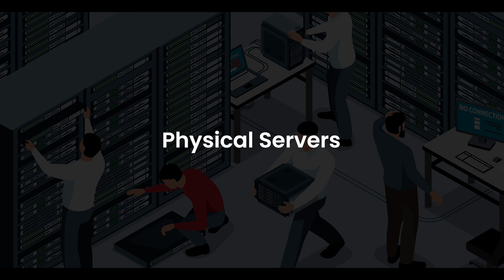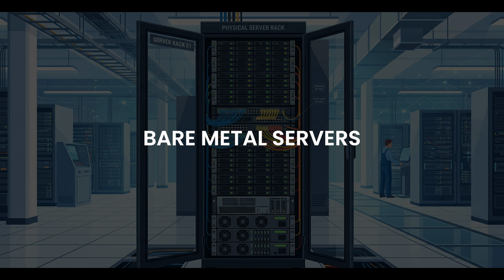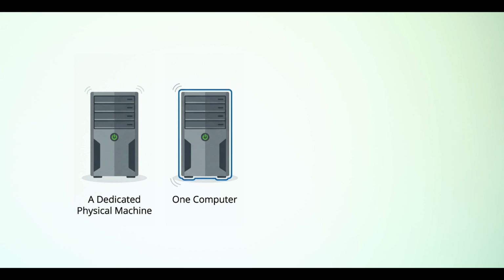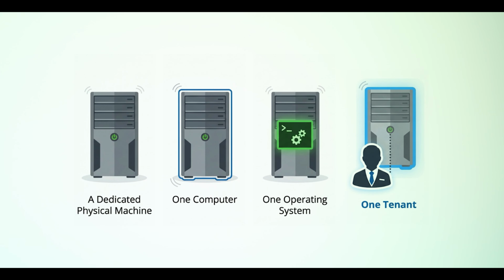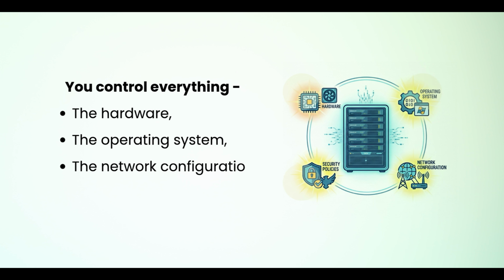Physical servers. Let's start with physical servers, also called bare metal servers. A bare metal server is a dedicated physical machine. One computer, one operating system, one tenant. You control everything: the hardware, the operating system, the network configuration, and the security policies. But that control comes with responsibility.